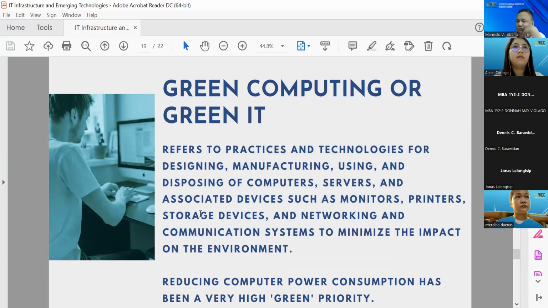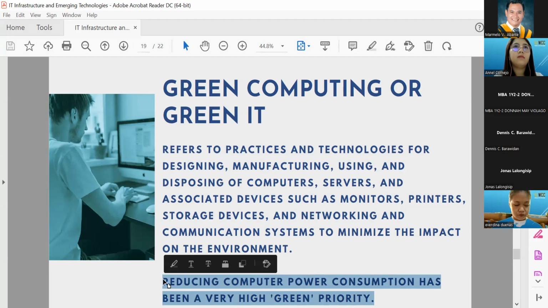Isa ding hardware trend sa green computing or green IT yung pag-reduce ng computer power consumption. Yan. So ito yung mostly ginagawa ng mga companies ngayon. And ito din yung isa sa mga goal ng mga computer manufacturer. Yung konti lang yung nako-consume na electricity, halimbawa ng ating mga computers.